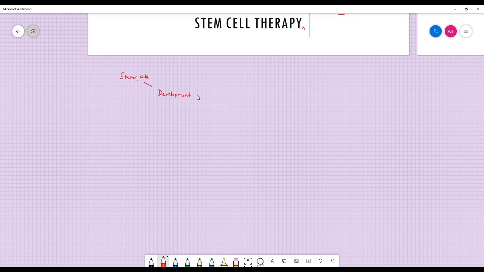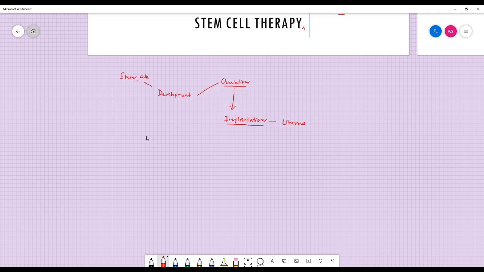Development in this context, we mean the steps involved in the processes from ovulation to implantation. Implantation where? In the uterus. Okay.